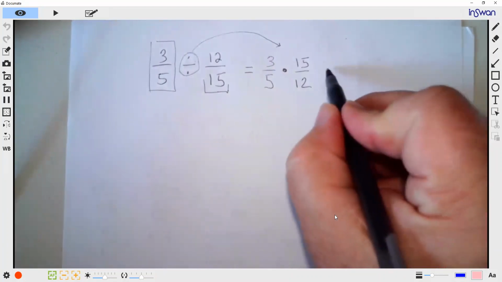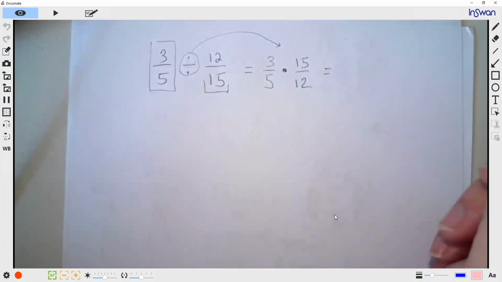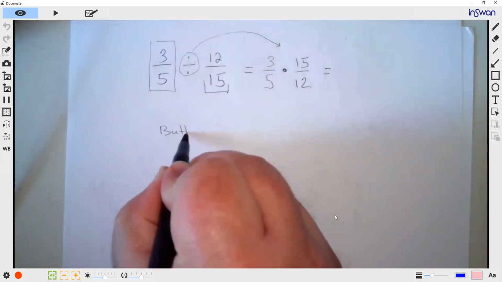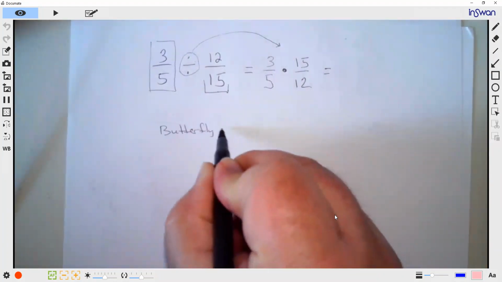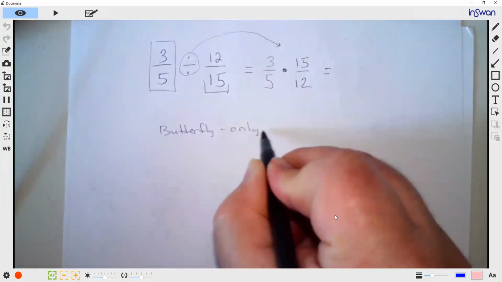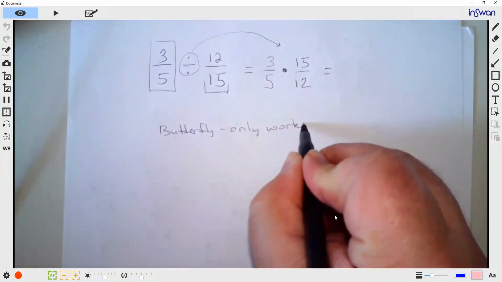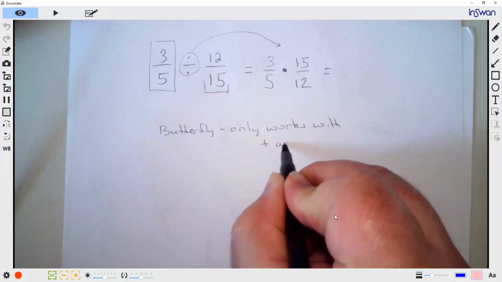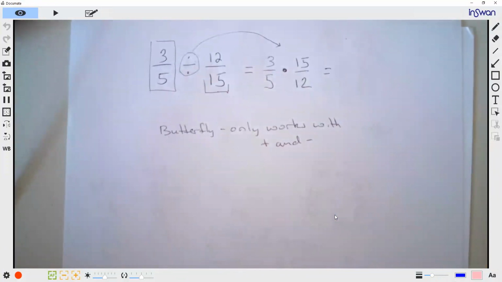And so now you do what? The butterfly effect would multiply. Is that just with addition? It only works with addition and subtraction. So it'd be 3 times 15.